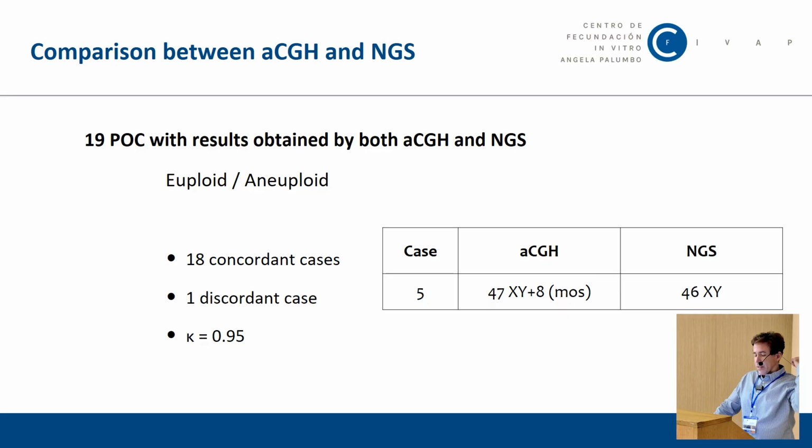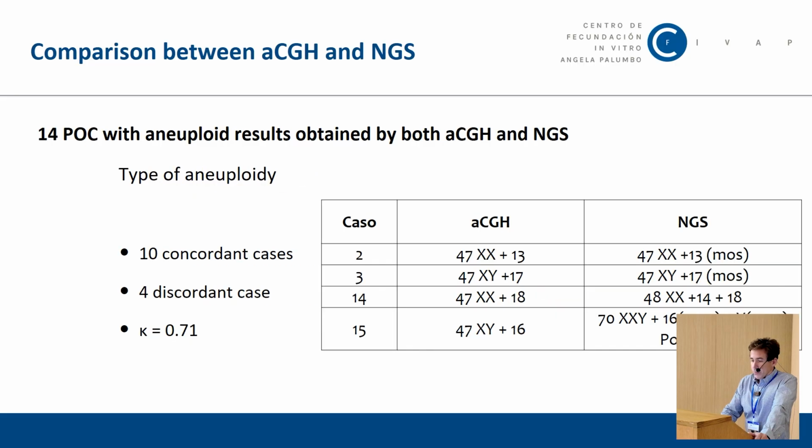In the 19 results that we have from ACGH and NGS, only in one case we have a discordant result. It was informed in the ACGH as a mosaic, but in NGS it was informed as a euploid embryo.